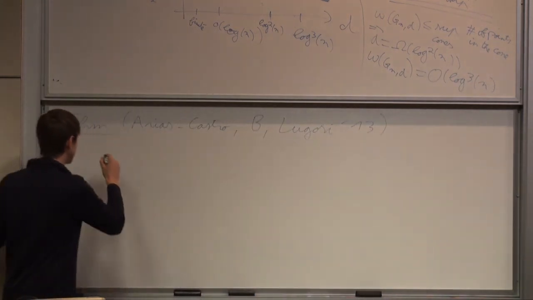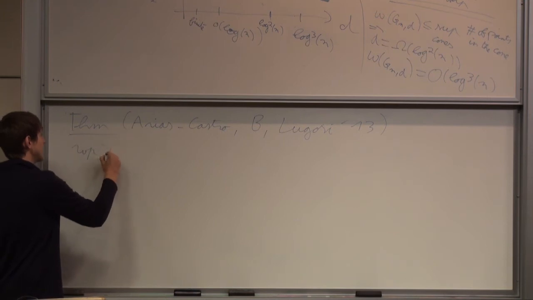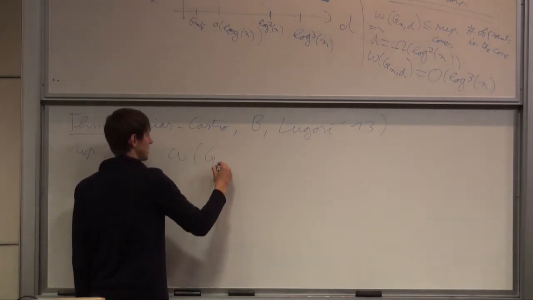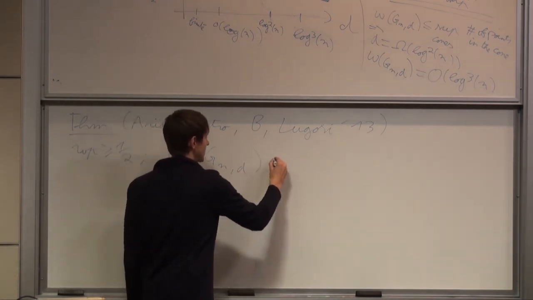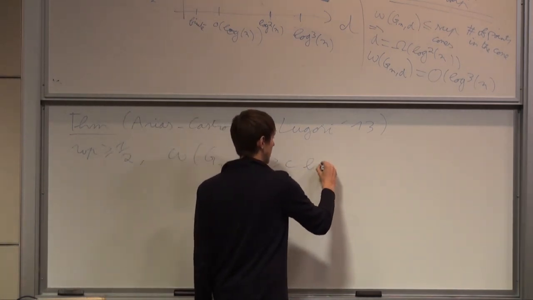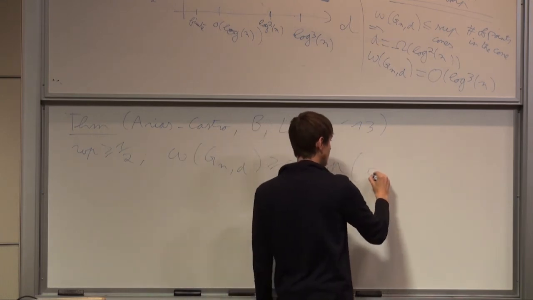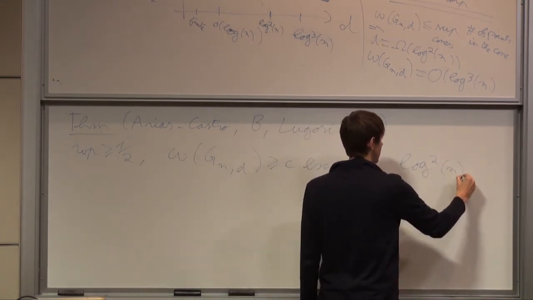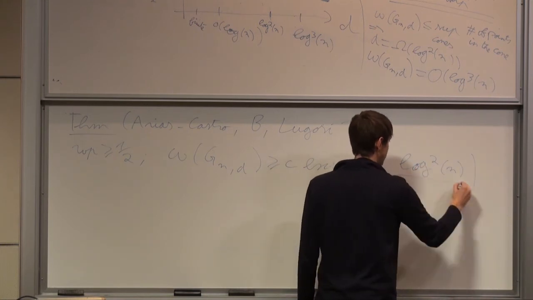It says the following. With probability at least 1/2, the clique number of G(n,d) is at least some constant times exponential of some other constant times log squared n divided by d.